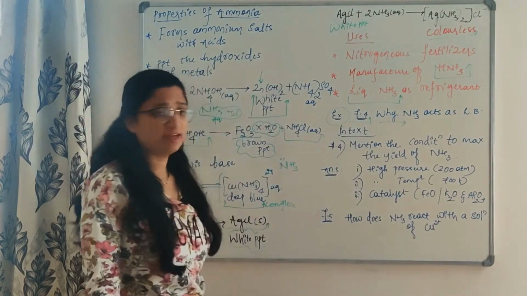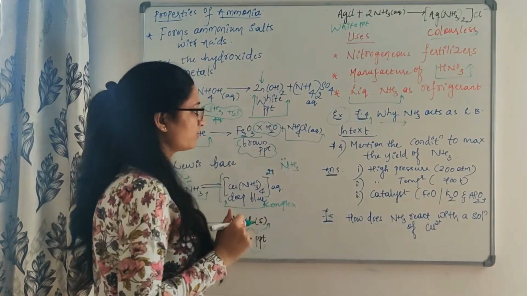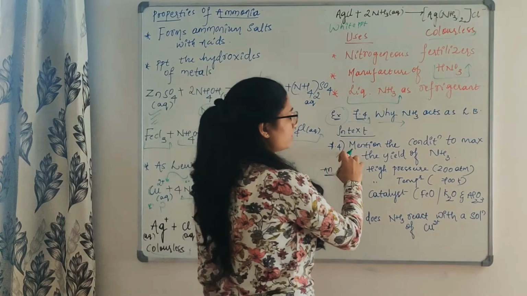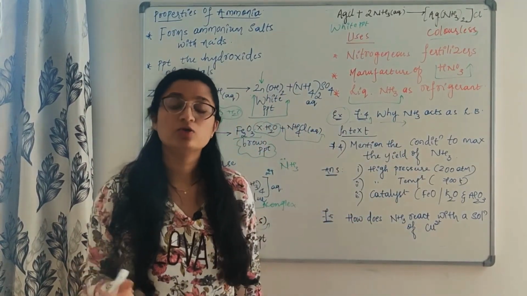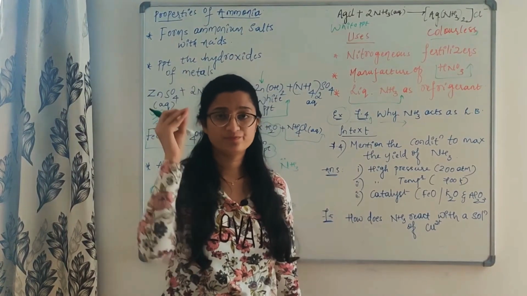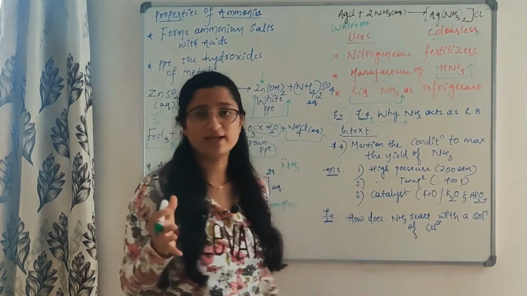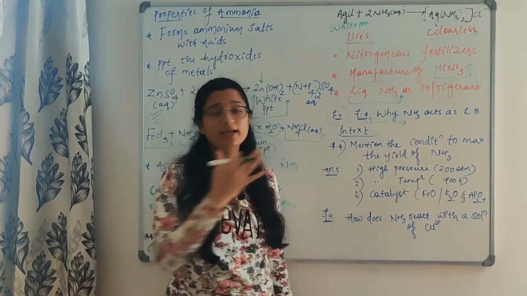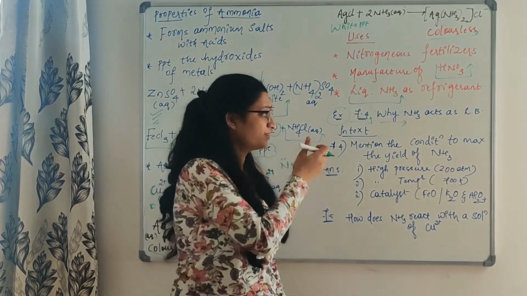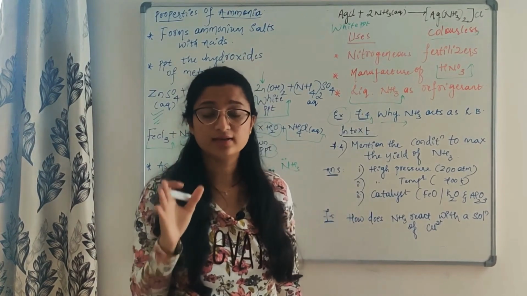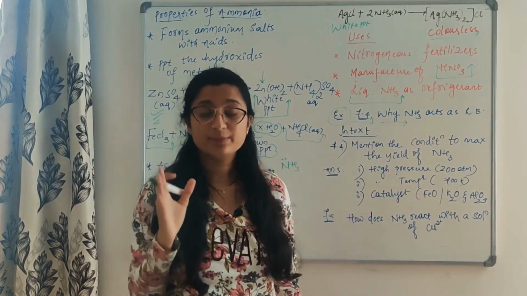Okay. Then they have given some in-text questions. First one we'll see: mention the conditions to maximize the yield of NH3. You know that the manufacture of this NH3 is done by Haber's process.